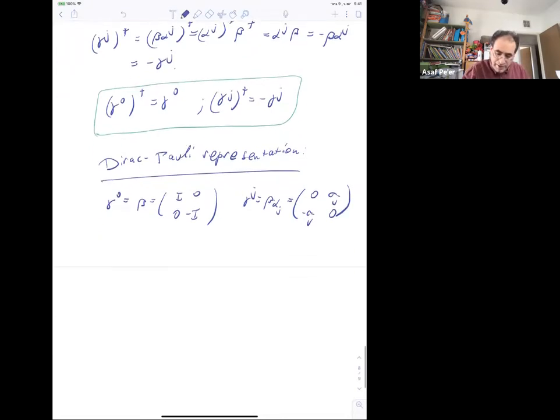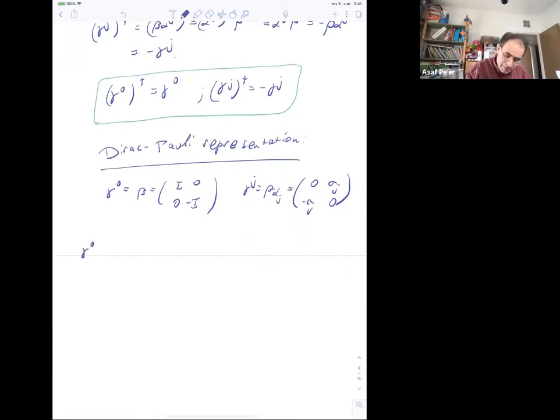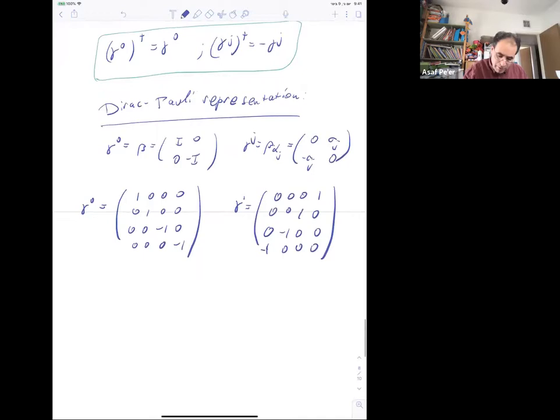If you want to expand that, just to see how it really looks, gamma 0 is really a 4 by 4 matrix: 1, 0, 0, 0, 0, 1, 0, 0, 0, 0, minus 1, 0, 0, 0, 0, minus 1. That's how it looks. Gamma 1 is going to be 0, 0, 0, 1, 0, 0, 1, 0, 0, minus 1, 0, 0, minus 1, 0, 0, 0.